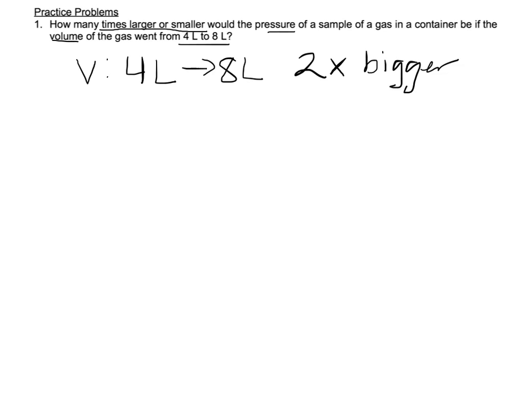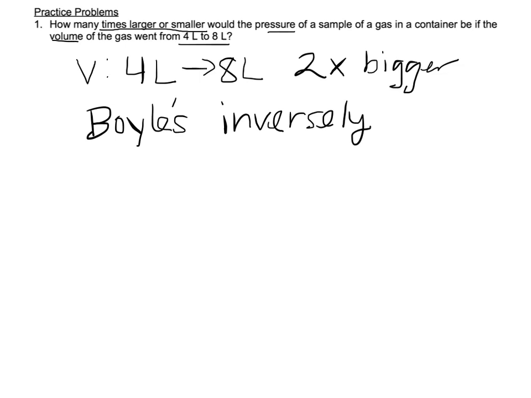The second thing is to understand the relationship of Boyle's law. Boyle's law is an inversely proportional relationship. Inversely or indirect. So that means that as volume increases, the pressure decreases. They're opposite of each other.